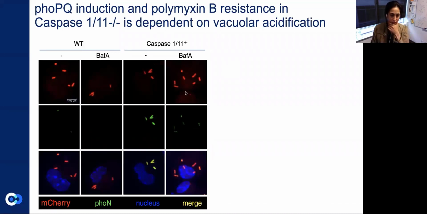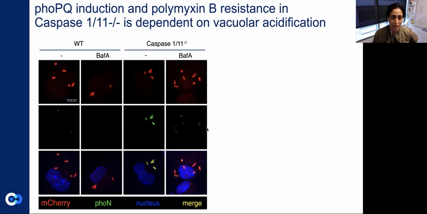And in some very preliminary data, we have some idea as to how this might be happening. I would not go to town with this just yet, because we want to do this at least in another 2 or 3 different ways. But essentially what we think is that this increased induction of 4p4q and polymyxin B resistance is dependent on the vacuolar pH. Because if we neutralize vacuolar pH by treatment with bafilomycin, basically we lose this phenotype in the caspase-1 knockout.